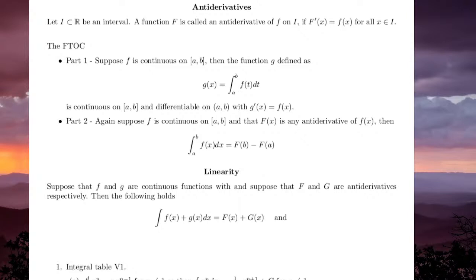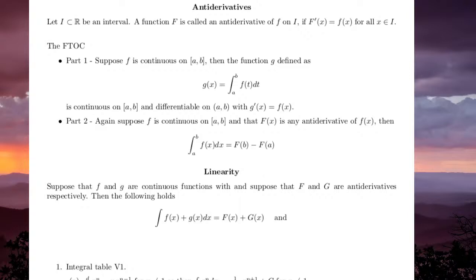It tells us that if we want to calculate a definite integral, like we see there, which again, remember, a definite integral is a limit of an infinite number of rectangles that have infinitely narrow width. That's one geometric way to think about it.